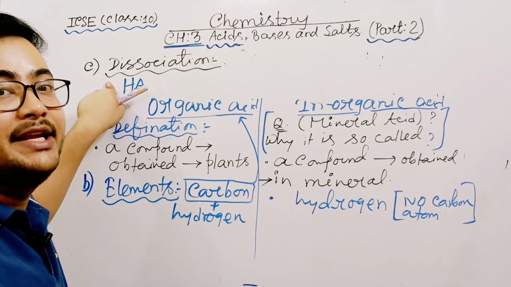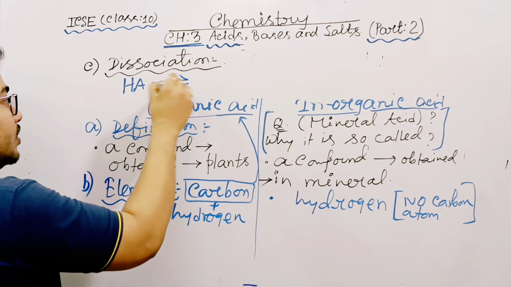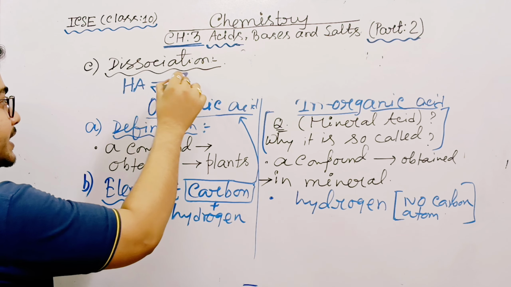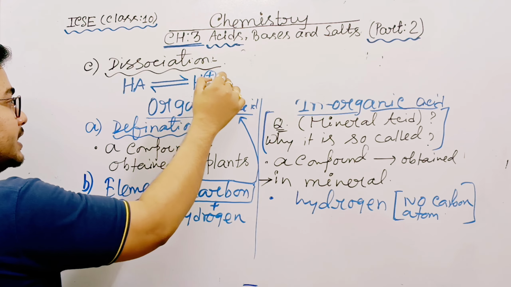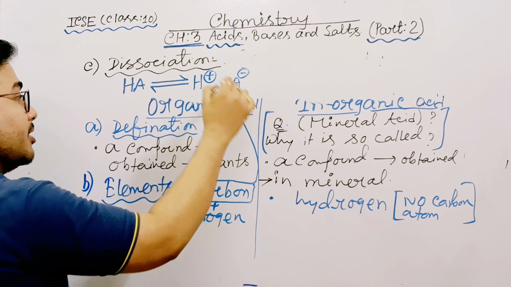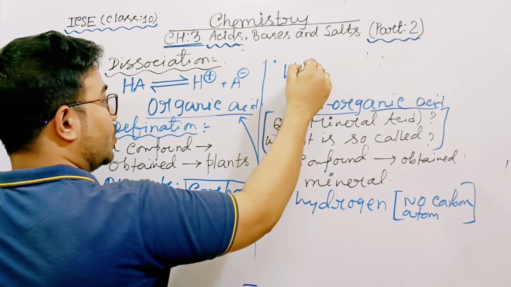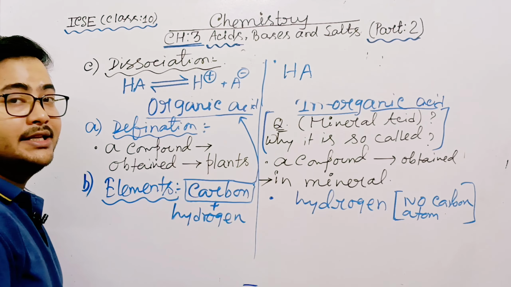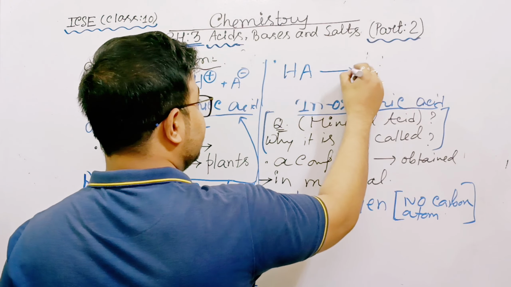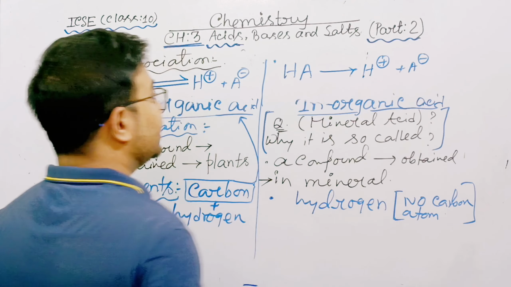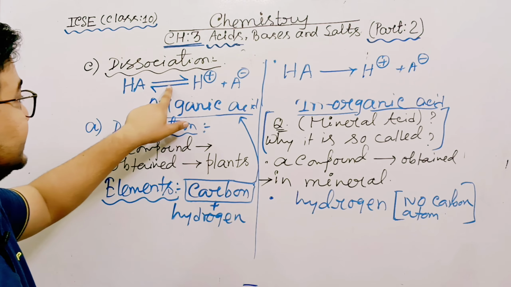Dissociate means cleavage, that is breakdown. When the organic acid cleaves, it is written with a reversible sign, H+ and A-. But try to understand the dissociation of inorganic acid. Suppose you choose an inorganic acid HA, it cleaves and forms H+ and A-. So what is the main difference? The difference is these two arrows.